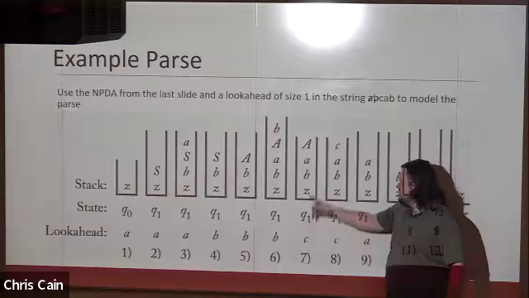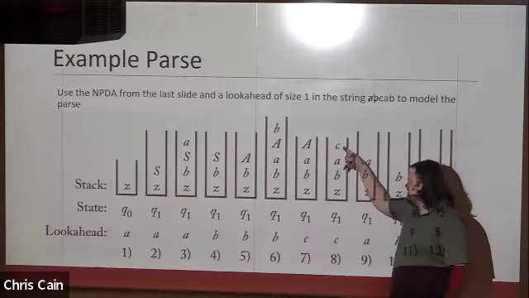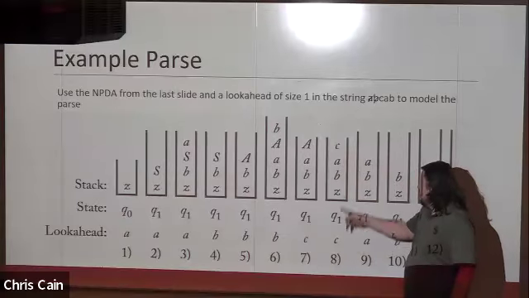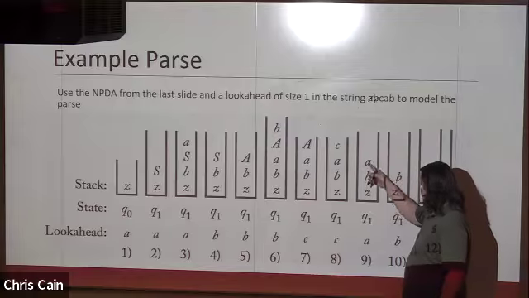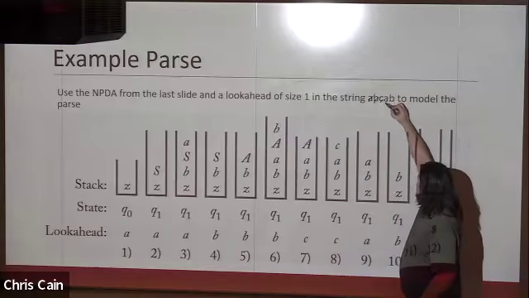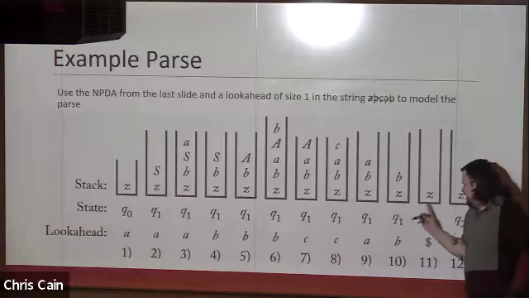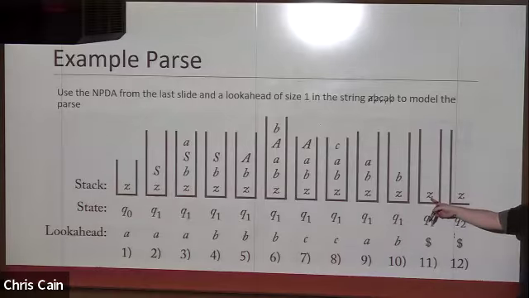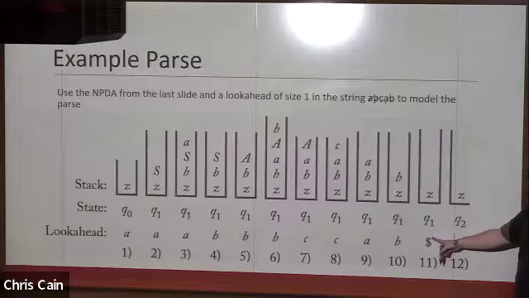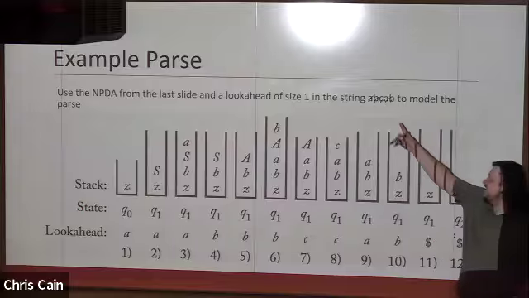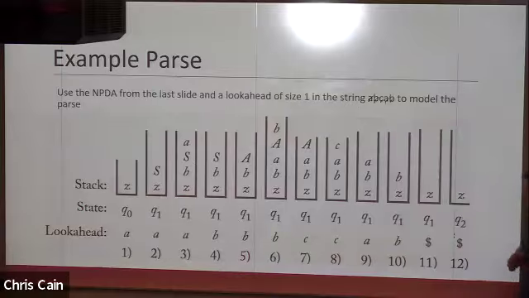We now need to map to a C. There was a transition that allowed us to replace the A directly with a C. Then all that's left is the C, the A, and the B in the string, where we could end up with the stack being empty. The look ahead is the end of string character, because we got past every single character in the string, and we end up in a final state. We can transition to there because of that.